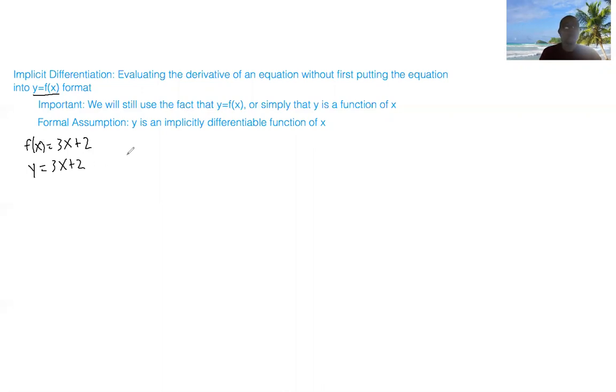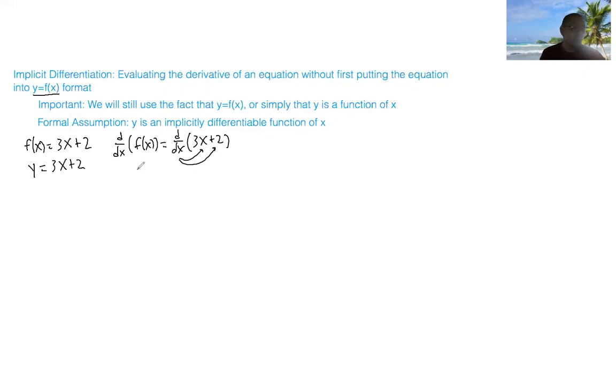When we were finding the derivative with respect to x of our function f of x, we just wrote d over dx of the entire right-hand side, and then we would distribute our derivatives. So it would become the derivative of 3x plus the derivative of 2. That's what we did before.